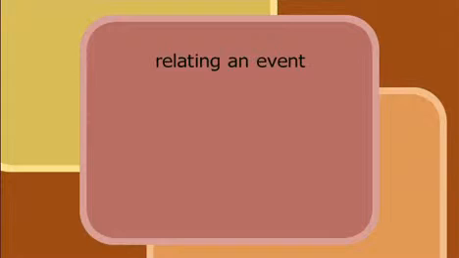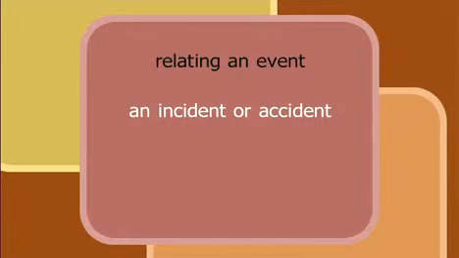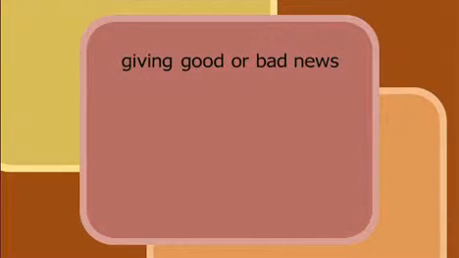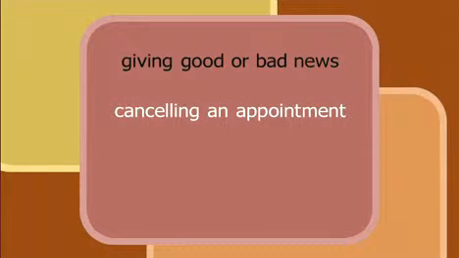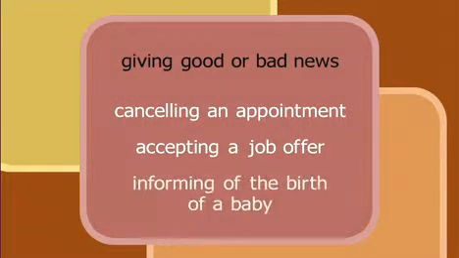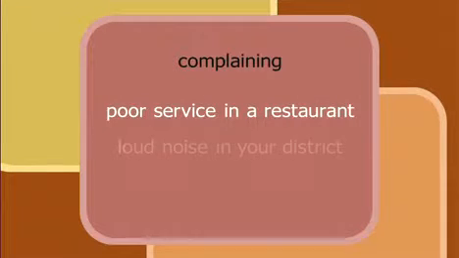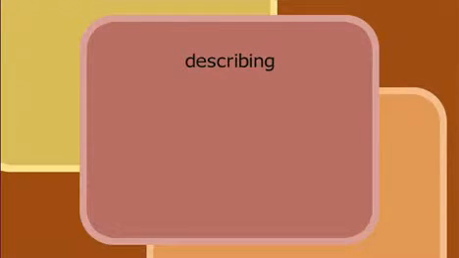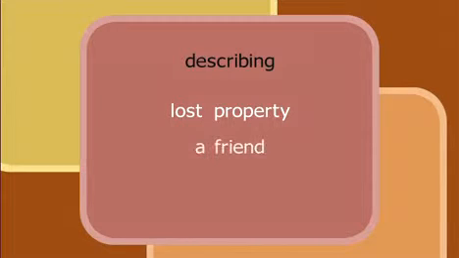Relating an event: an incident or accident, a wedding or function, or a holiday. Giving good or bad news: cancelling an appointment, accepting a job offer, informing of the birth of a baby. Letters complaining might include poor service in a restaurant, loud noise in your district, a problem with faulty goods. And letters describing might be about lost property, a friend, or a place.